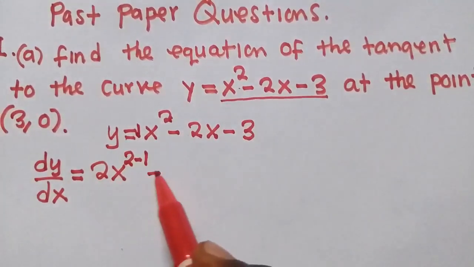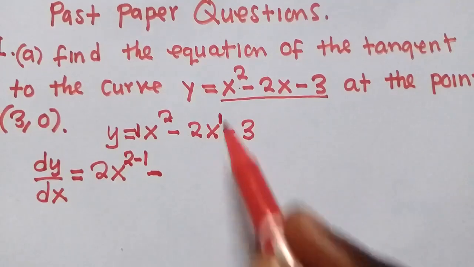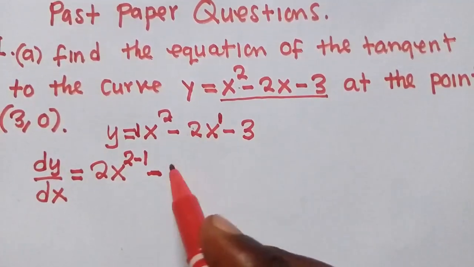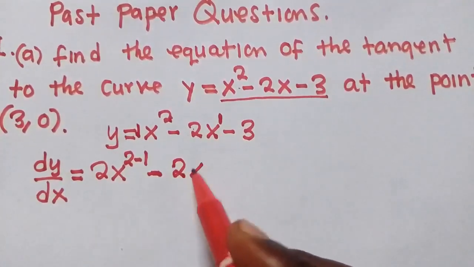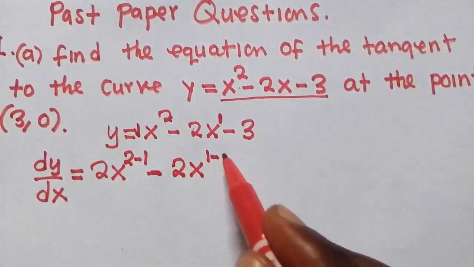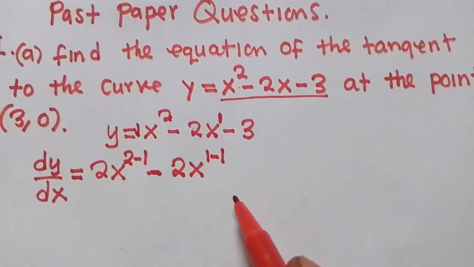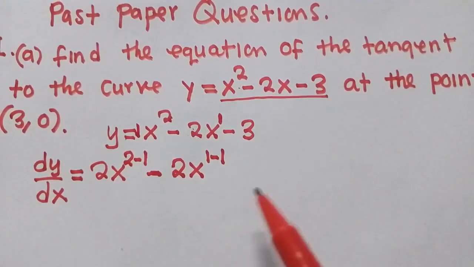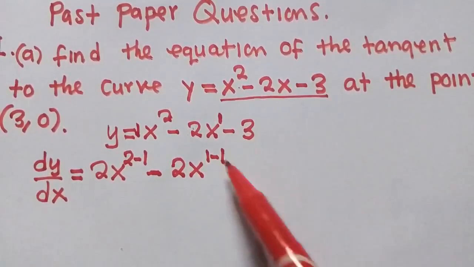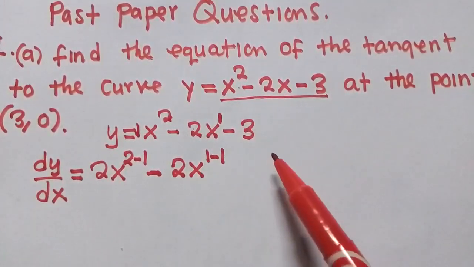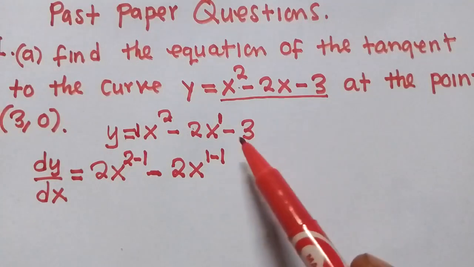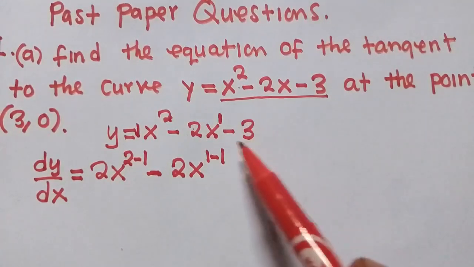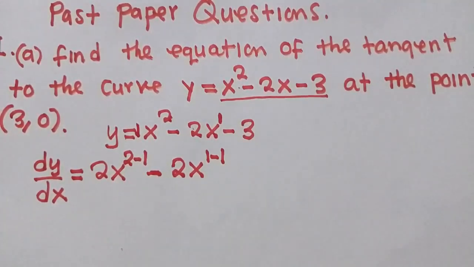You continue minus, here the coefficient is 1. So 1 times 2, it is 2, x maintains 1 minus 1. Under differentiation, we don't differentiate constant numbers. You just leave it the way it is.